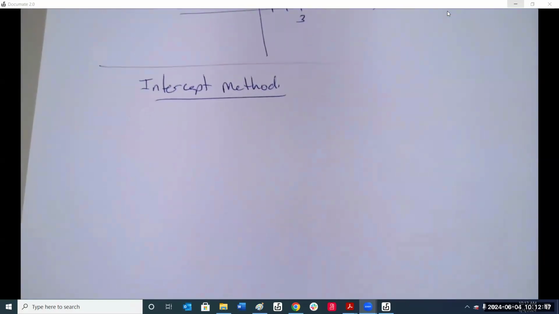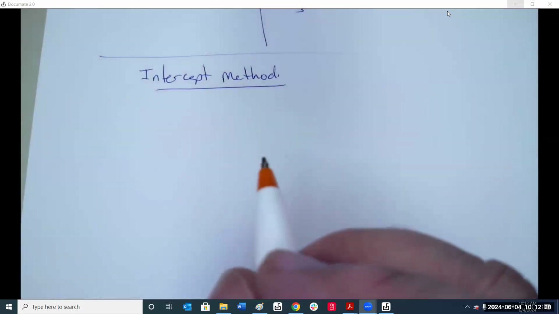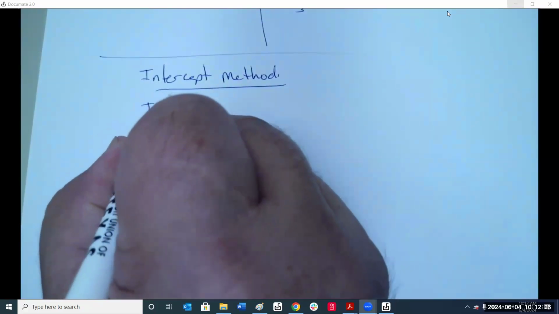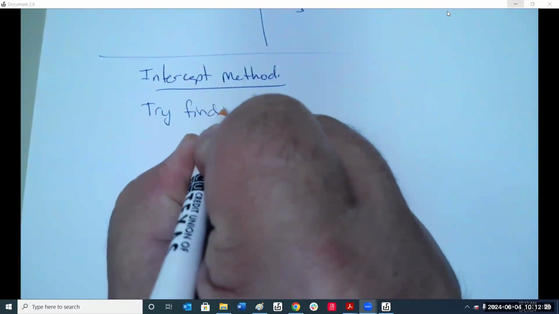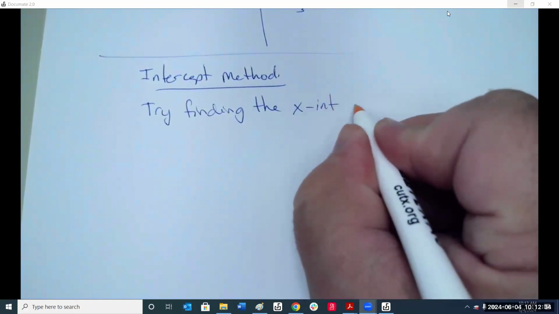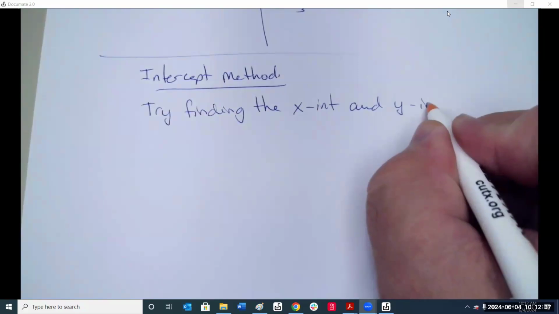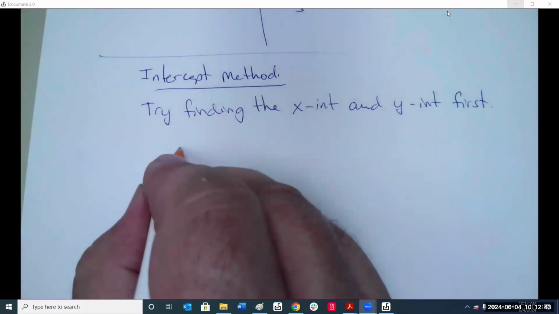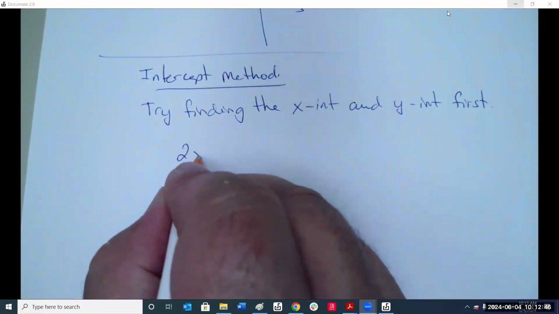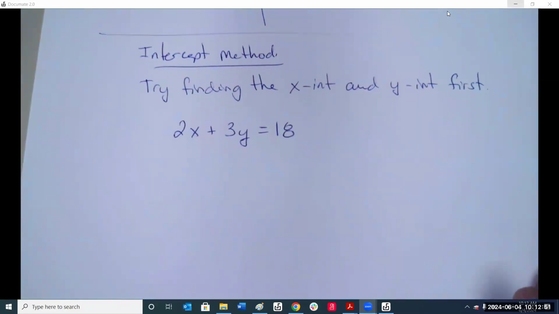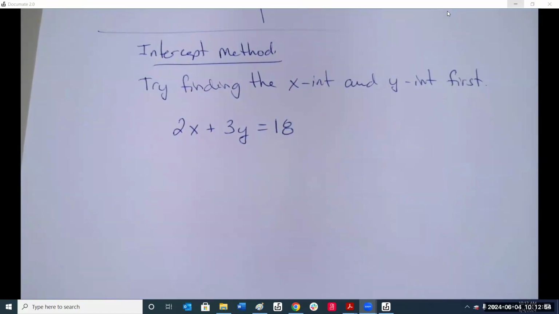The intercept method says try finding the x-intercept and y-intercept first. This method doesn't always work, but it's an easy way to start.